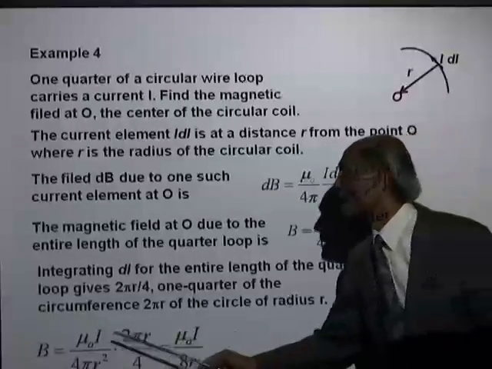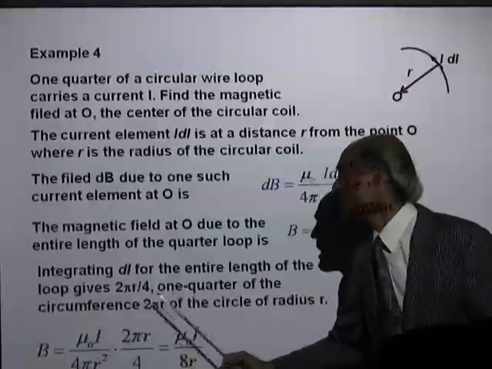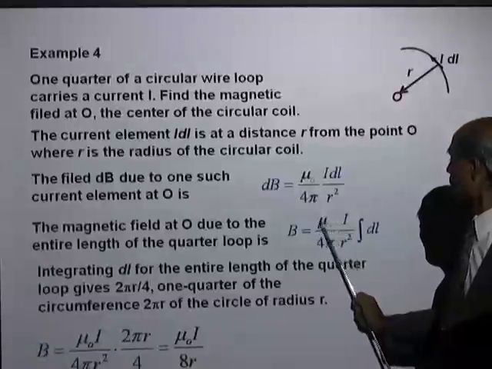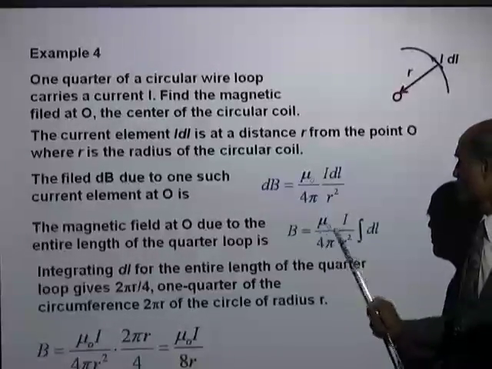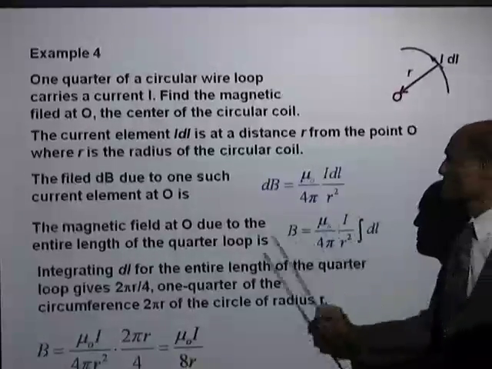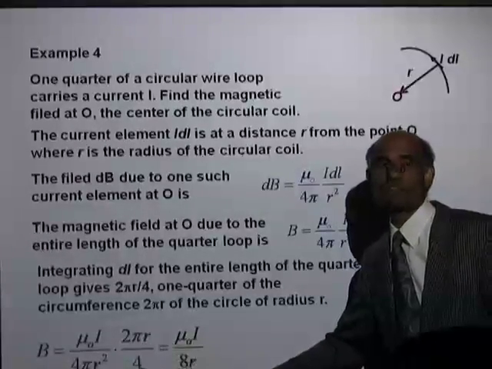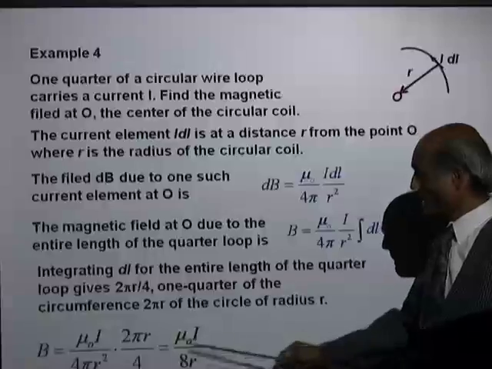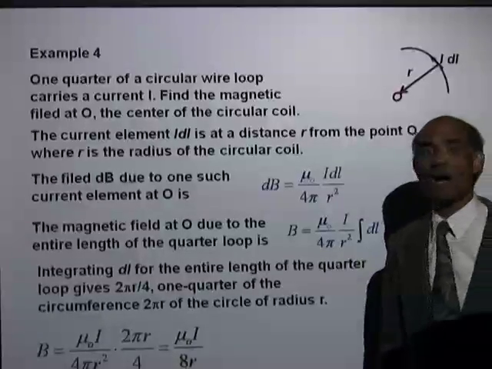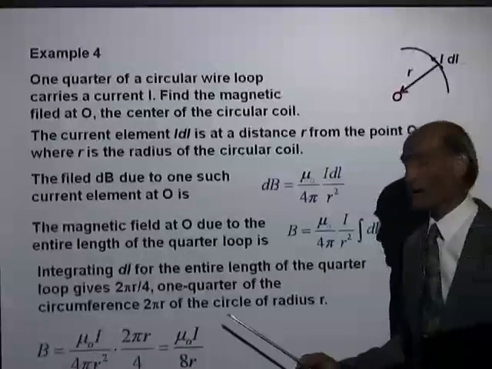Therefore we have mu 0 I over 4 pi r squared times one quarter of 2 pi r, and that will be mu 0 I over 8r.